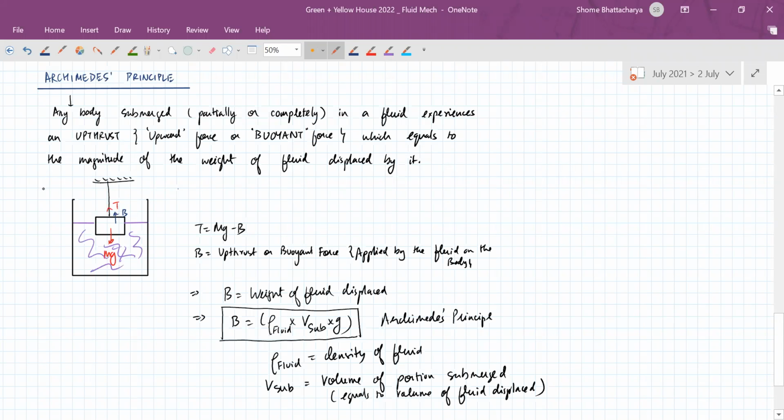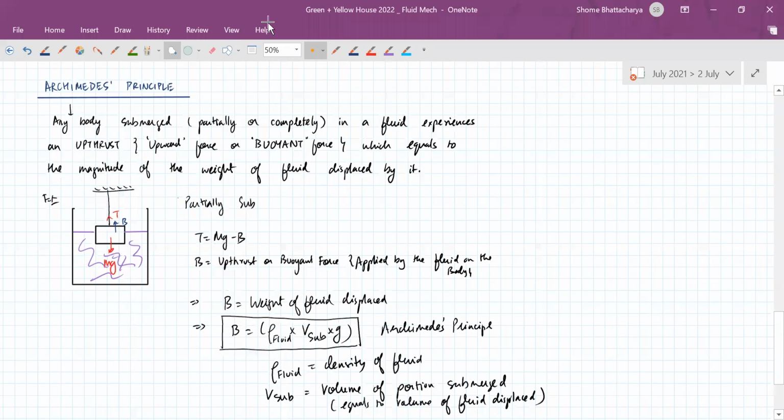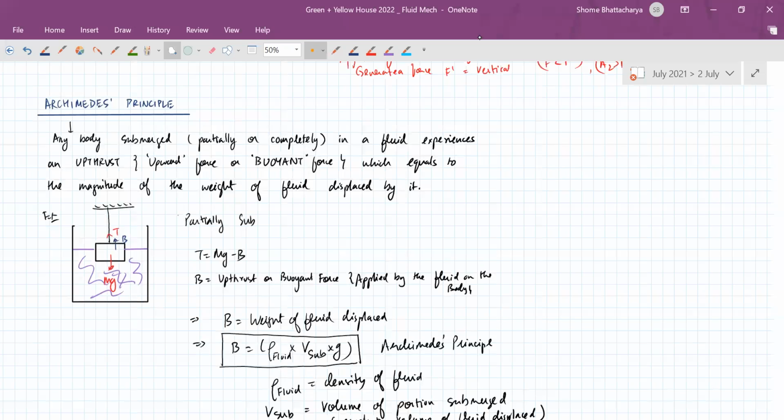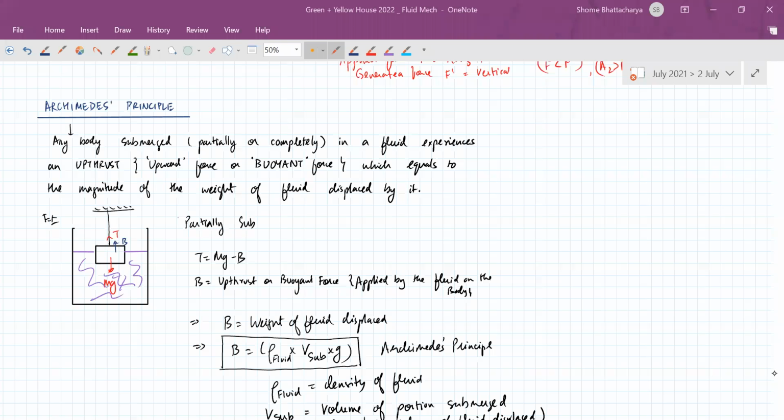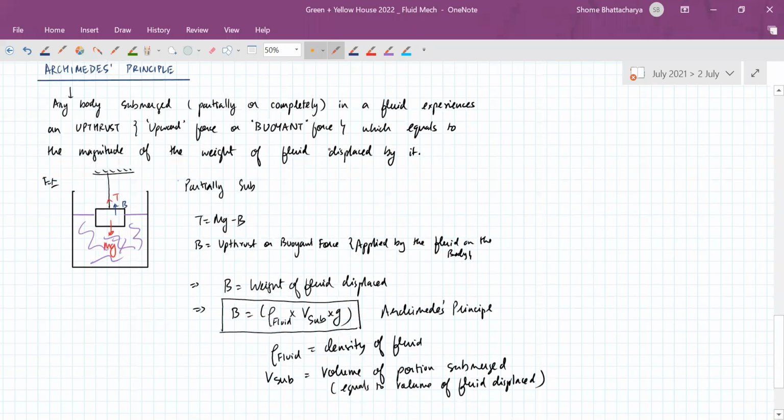So this is an example situation where we're looking at a partially submerged body. This will experience buoyant force in this manner. We will look at a completely submerged object also in a bit, and how to apply Archimedes principle there.